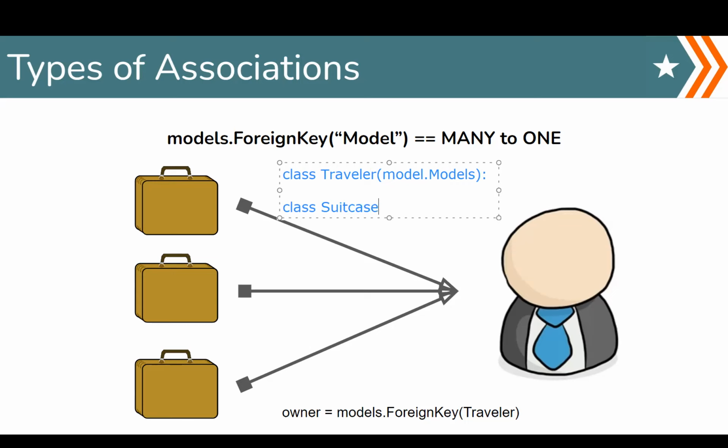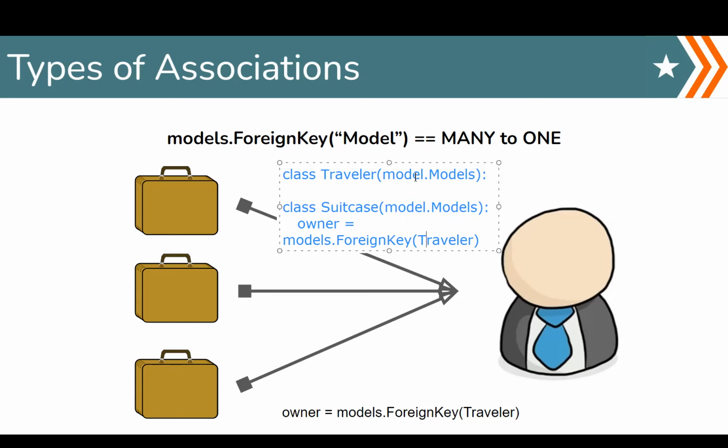That sounds like a good class name. Say models.Model. And we can give the suitcase an owner. We can say owner is going to be models.ForeignKey(Traveler). And let's move this guy over here.